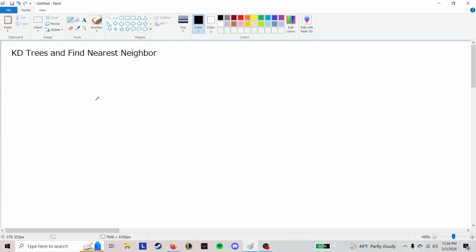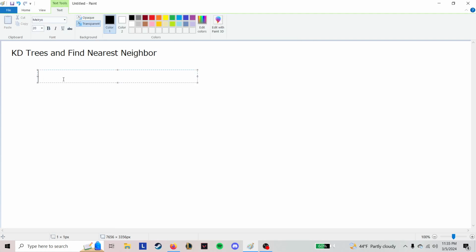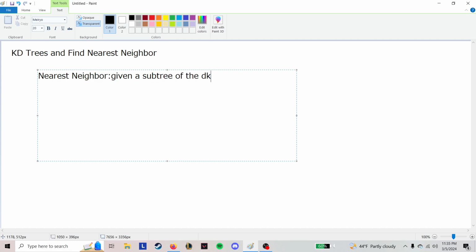So number one, our find nearest neighbor function is going to be a recursive function. And the definition of this function is going to be, all right, I'll type this out. The nearest neighbor function is a function that, given a subtree of the KD tree and a query, finds the points in the tree closest to that query.